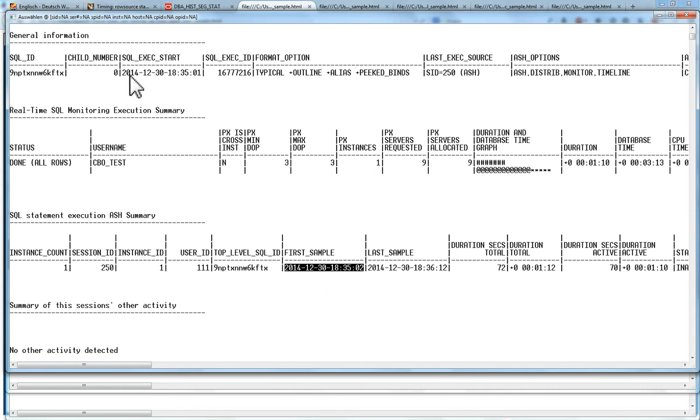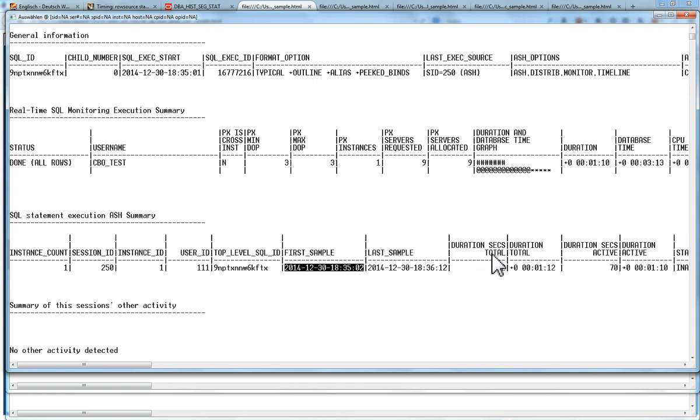So in this case you can see here, which could, by the way, again be caused by some rounding issues, that this slight difference between SQL exec start, which is actually a date, and the sample time, which is a timestamp, could also be caused by this rounding that I mentioned.